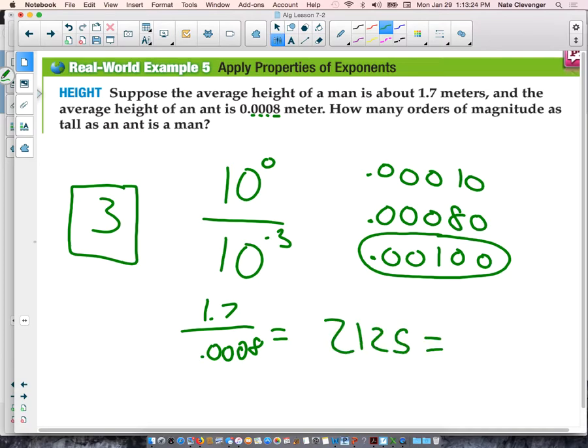And then is that closer to 1,000 or 10,000? It's closer to 1,000, so that's 10 to the third, so it's 3 magnitudes.